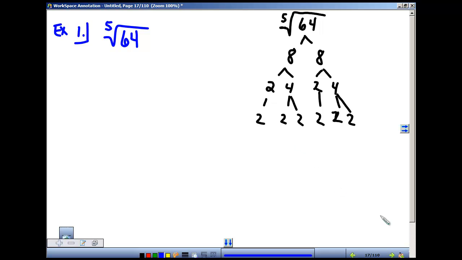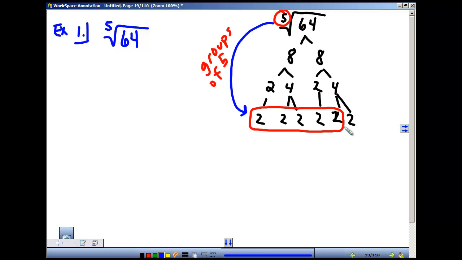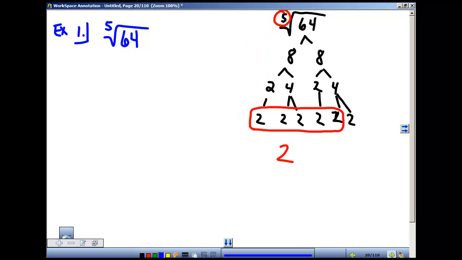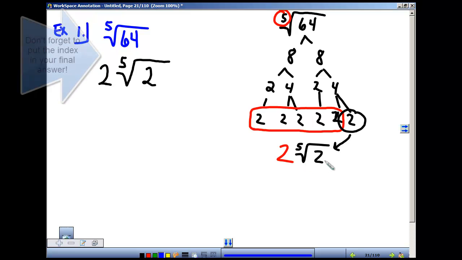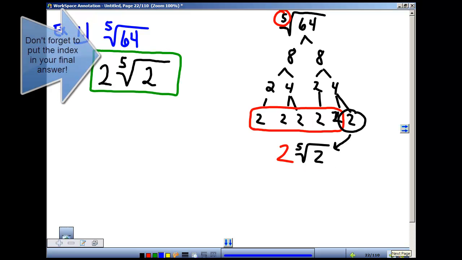Now I'm looking for groups of 5 because there is a 5 as the index. So if I pull out 5 2's, that leaves me with 2 times the fifth root of 2. That's my answer. So the index, this little 5, tells me how many I need to pull out.